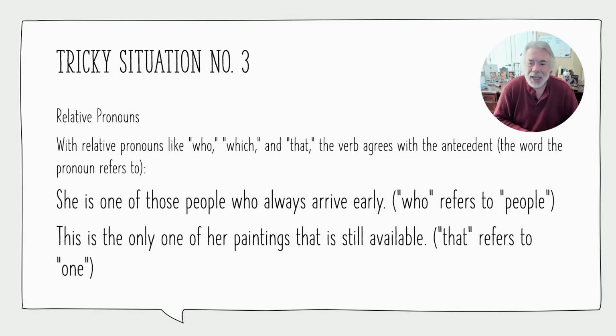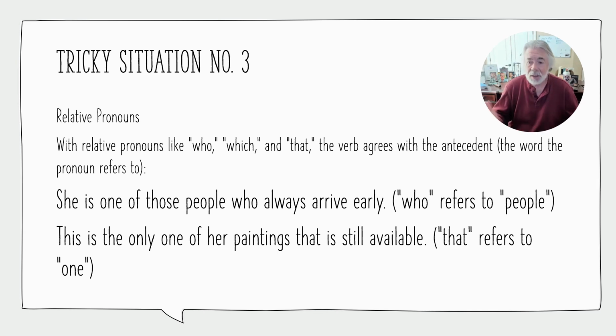This one I actually think is not terribly difficult, but it does trip people up all the time, and that's the question of relative pronouns. If you're talking about people, you refer to people as "who." If you're talking about things, you refer to them as "that."